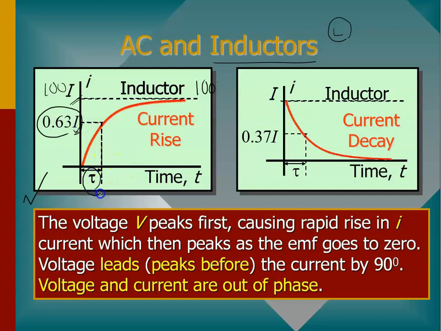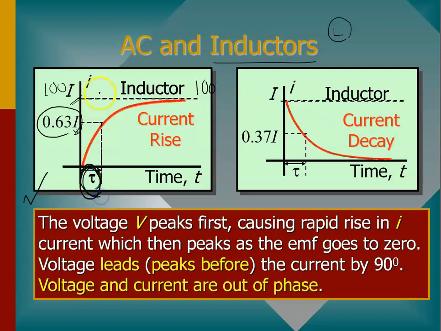Okay, please follow this part and understand it carefully, because this is very important. Once again, I will repeat it: the time required to reach 0.63 of full current for the inductor, we call it the time constant and symbolize it as this.